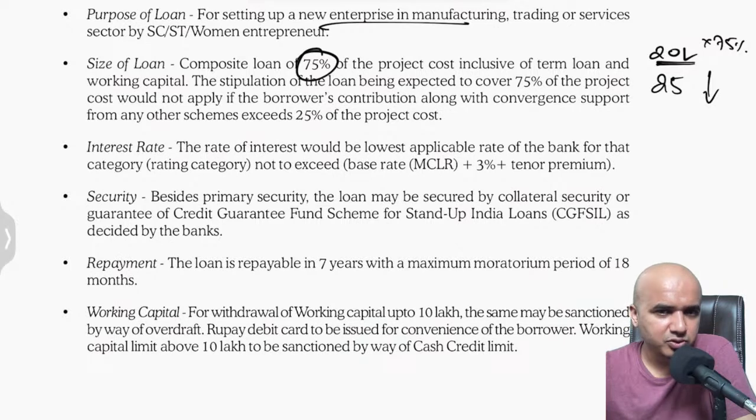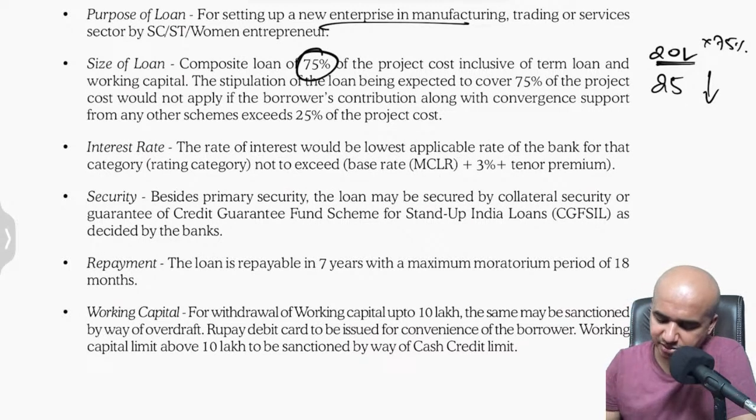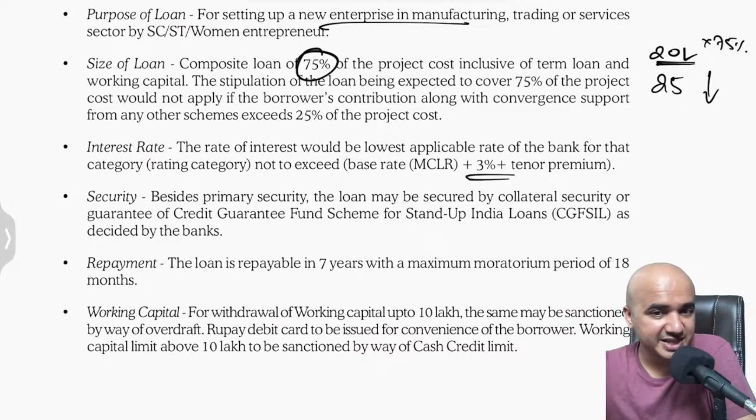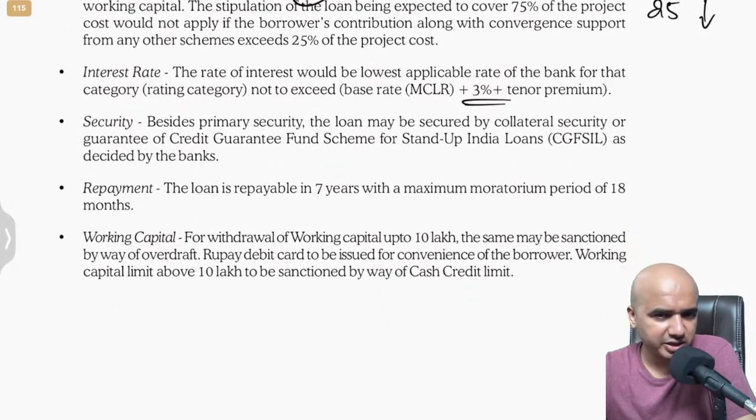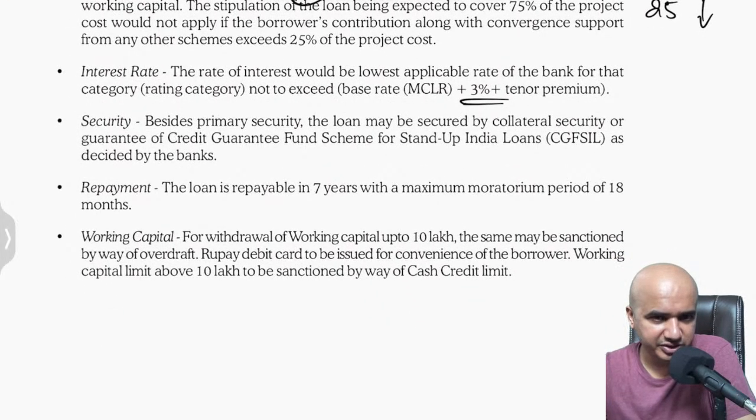Interest rate: the rate of interest would be the lowest applicable rate of the bank for that category, not to exceed 3%. That is a very inexpensive loan, I would say. A very negligible rate of interest. Besides primary security, the loan may be secured by collateral security or the credit guarantee fund scheme for Stand Up India loans, as decided by banks.